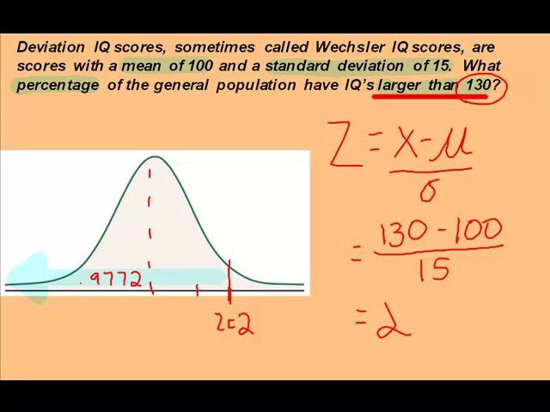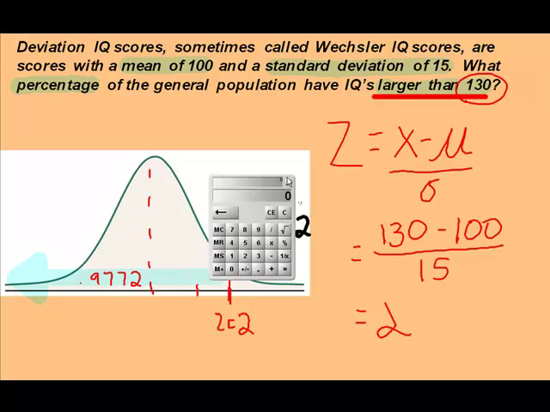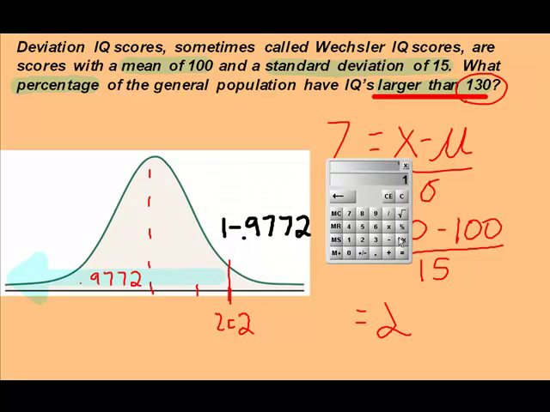So you say to yourself, self, if the blue arrow to the left is 0.9772, then that which is to the right would be the remainder. 1 minus 0.9772 equals 0.0228. That is the percentage of the general population that have scores larger than 130.